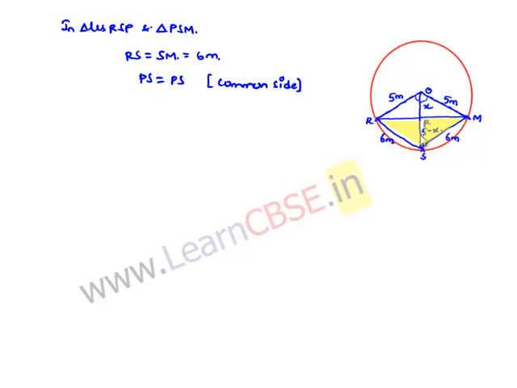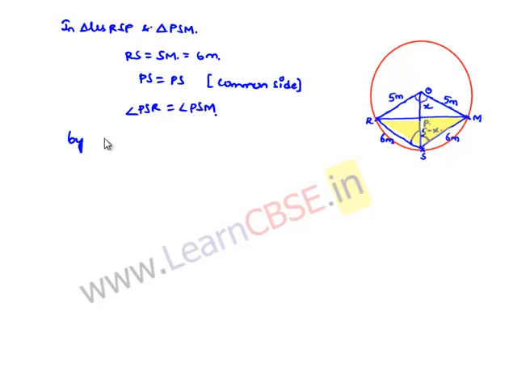And also the angle subtended by OM at this point S will be equal to the angle subtended by OR at this point, since they are the radii of the circle. Angle PSR is equal to angle PSM.